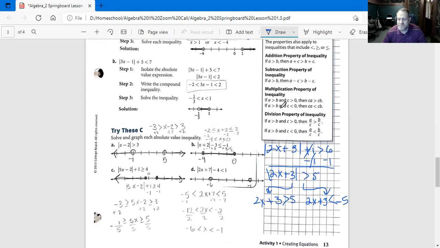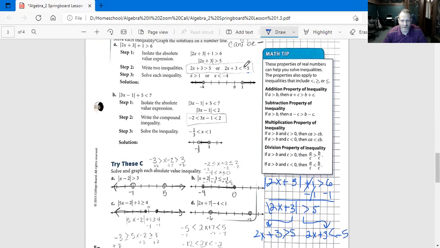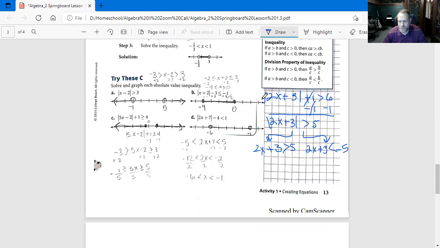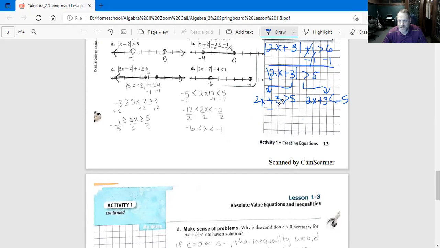All right. Now let's solve. So we can say, take away that 3 from both sides, and I'm just going to do it to both sides since I'm there. All right, and cancel, cancel. 2x is greater than 2.